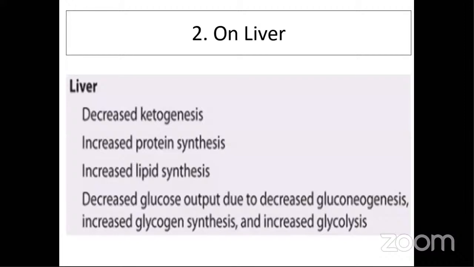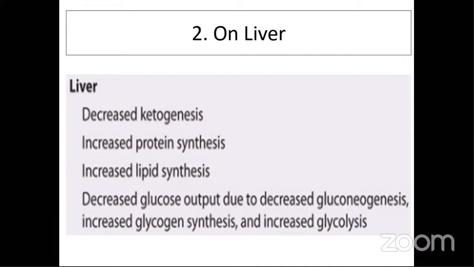Even if you don't remember anything else, remember this much. Insulin always tries to reduce blood glucose. It always tries to preserve glucose as glycogen, and it always inhibits gluconeogenesis.